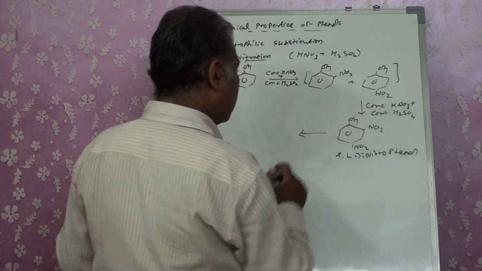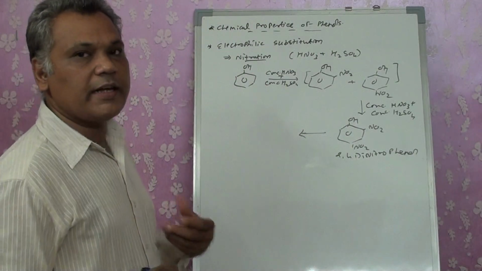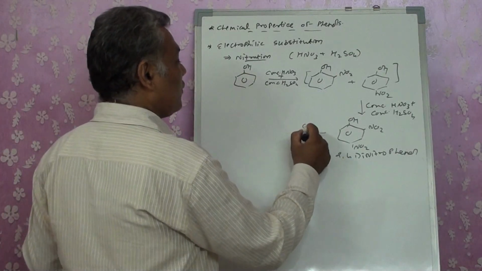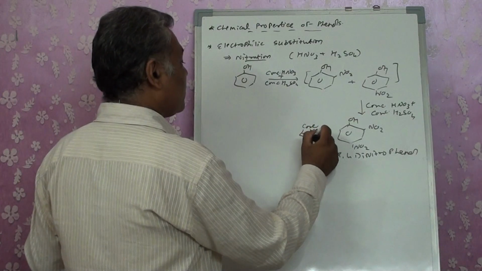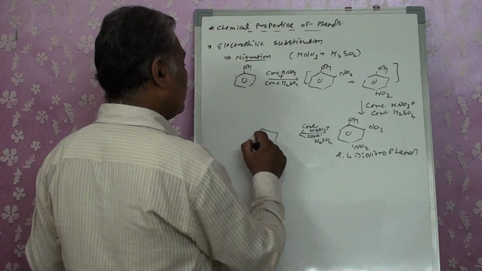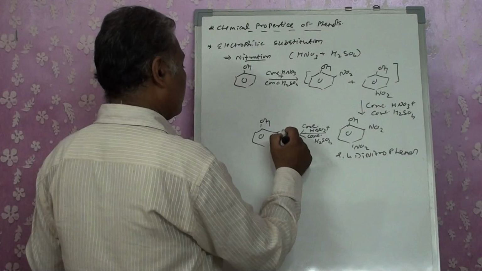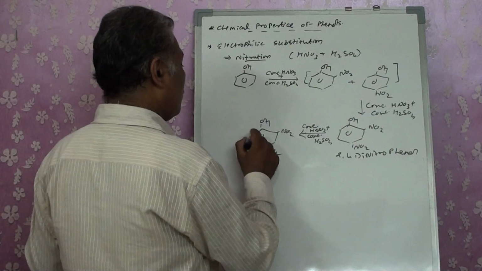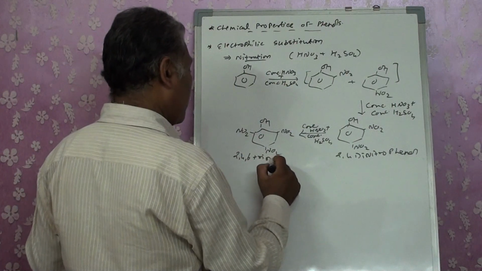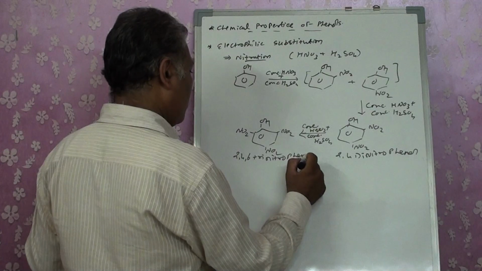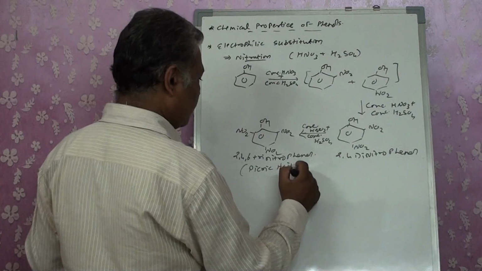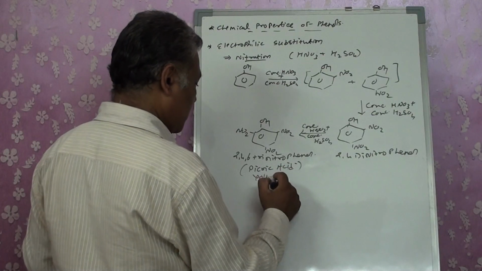As we know, as the electron withdrawing groups increase, the acidic character of this compound increases, and it goes for further reaction with HNO3 plus concentrated H2SO4 to produce 2,4,6-trinitrophenol, which is termed picric acid. It is yellow in color.